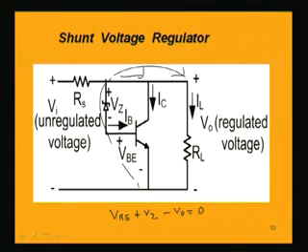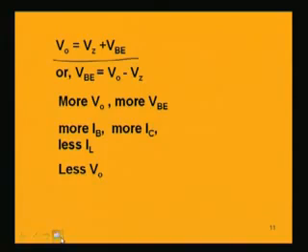So if IC is increased, then IL is decreased, and IL decreased means V0 will also be decreased. That means we have initially increasing V0, but as increasing V0 shunts away more collector current, finally the load current IL will be decreasing. That means V0 will also be decreased and it will be maintained at that same level. So this was a shunt regulator using a simple circuit.